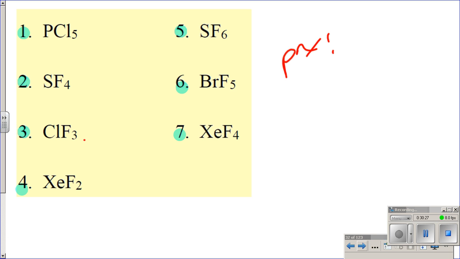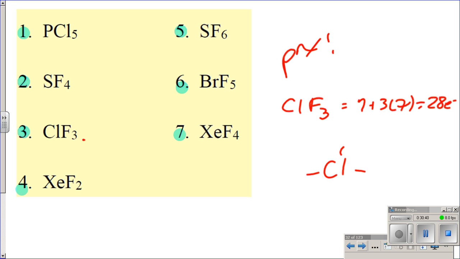So I'm going to start with this one down here, chlorine trifluoride. Chlorine trifluoride has 7 plus 3 times 7, so that's 28 electrons. Chlorine is going to be in the middle, the singleton. Fluorine is going to be on each side. So far we've got 6 electrons used. Fluorine is extremely electronegative, so it gets all the octets off the bat here. So if you count around, 7, 7, 7, that is 21 electrons.